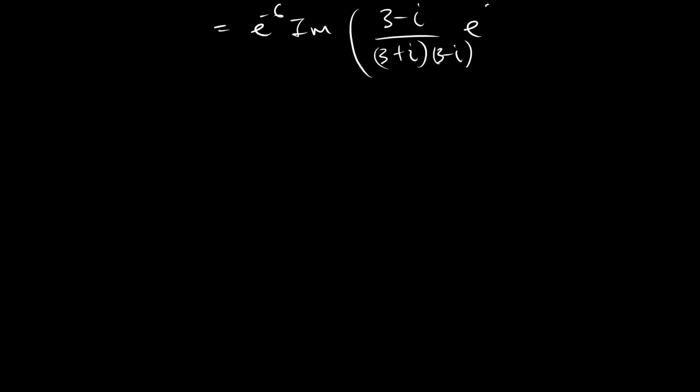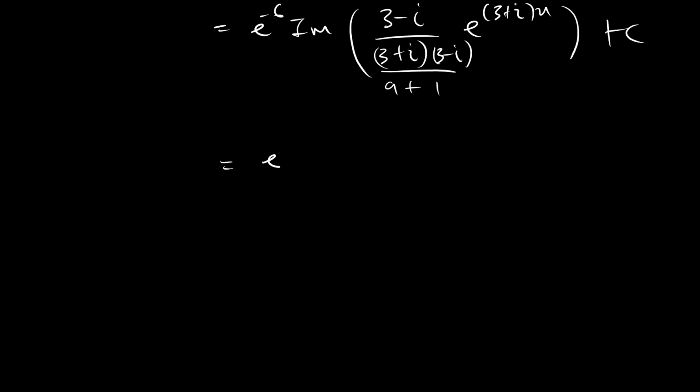Okay, so since we have times the imaginary part of (3 minus i) over, this here is the same as 9 plus 1, which is 10.